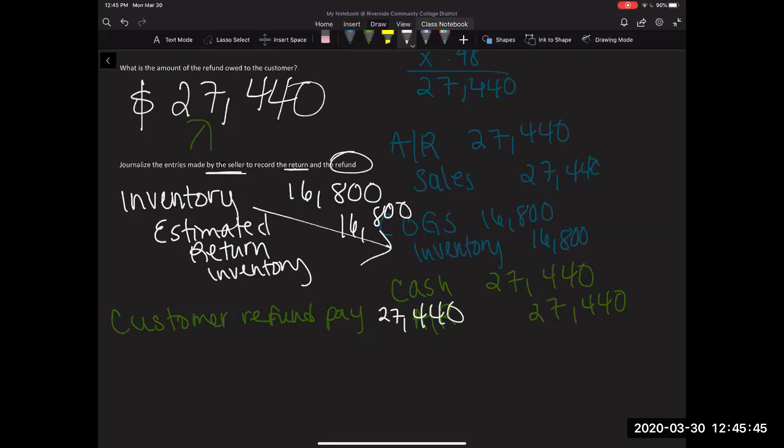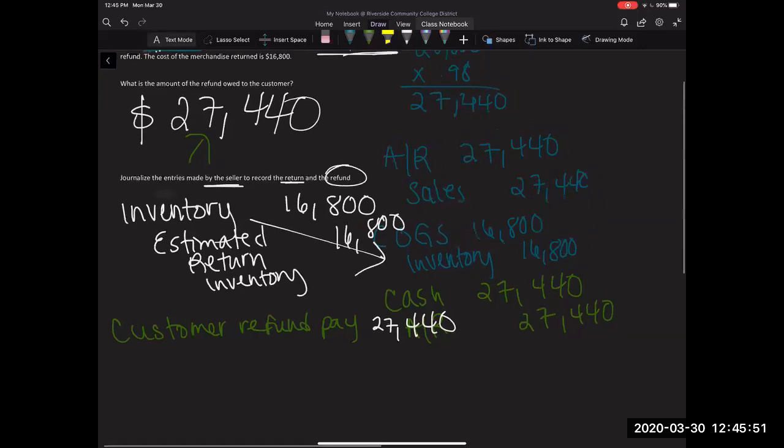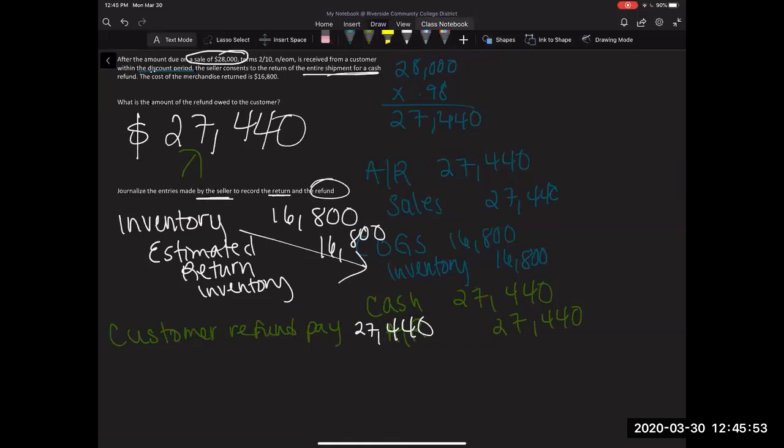And then my credit is going to be, well, they are wanting a cash refund. If I'm not mistaken, if I go back here, they're wanting a cash refund. So to record this cash refund, we're going to do a credit to cash. Our cash is decreasing by the $27,440.